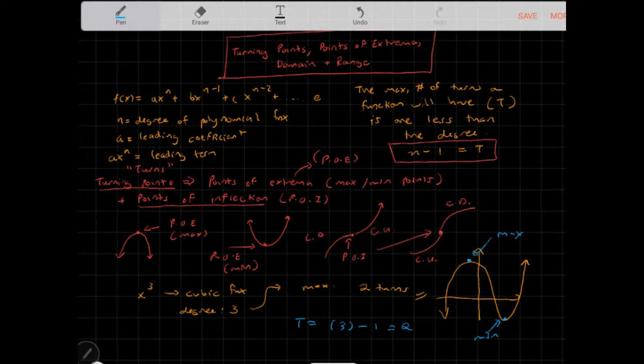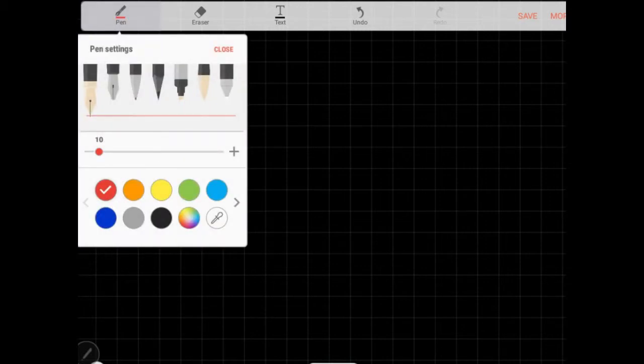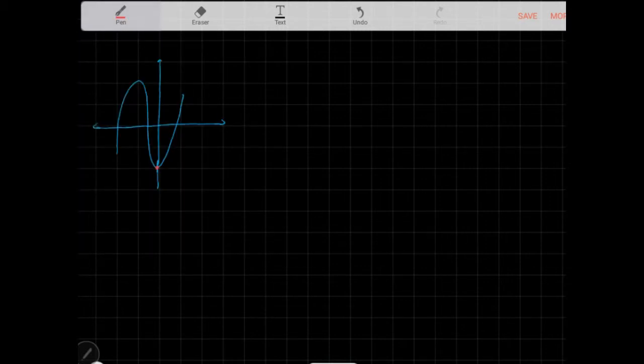Furthermore, these turns or points of inflection are usually located in between the x-intercepts. So for instance, say this is your graph. Let's say that there is a y-intercept located here.